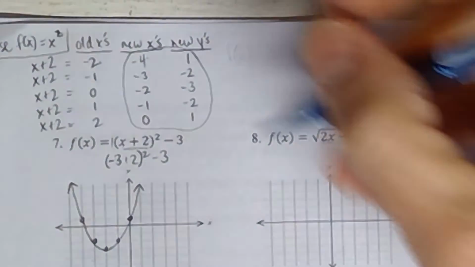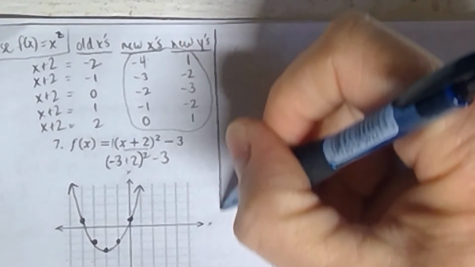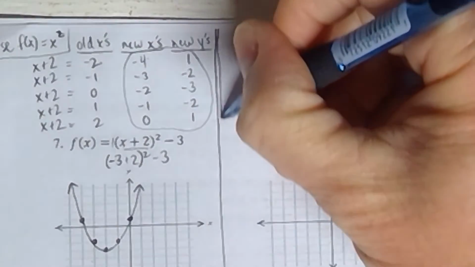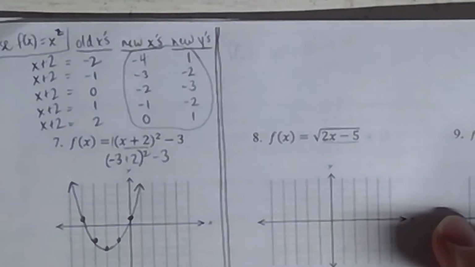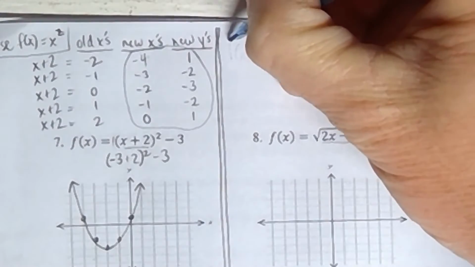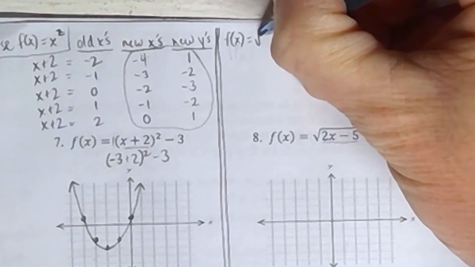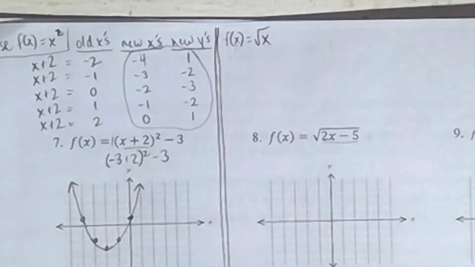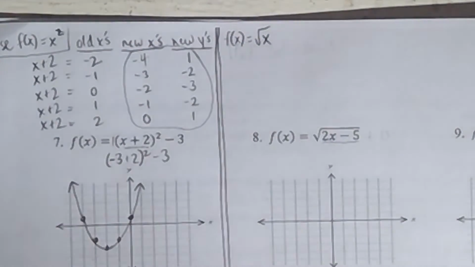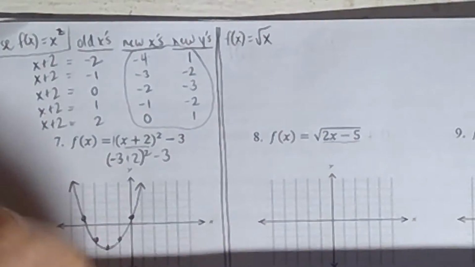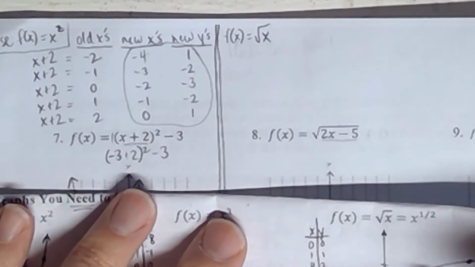Okay. Now, let me make sure that I'm organized here. Okay, so because we have something being square rooted, we're going to base it off of the square root of x function. Let me show you that. Okay, that's this one right here.